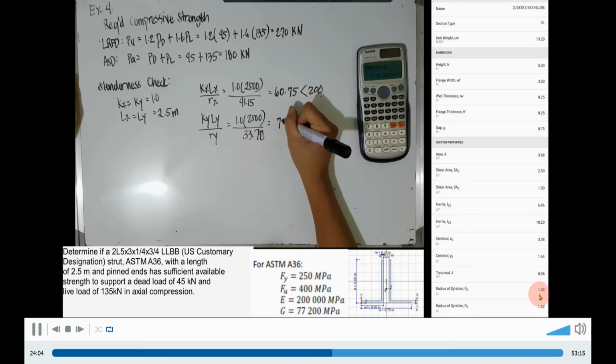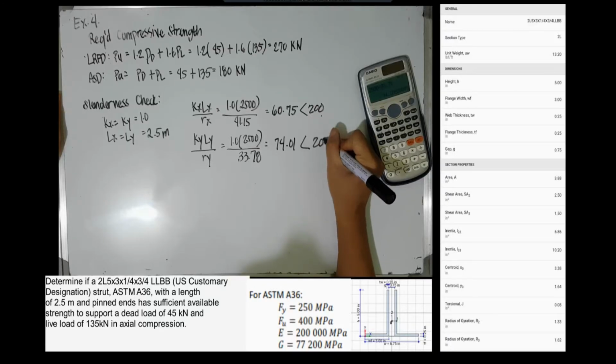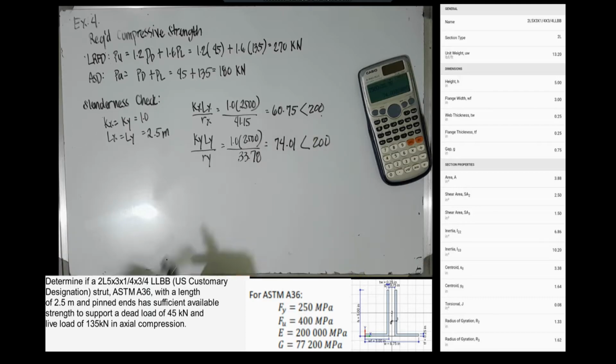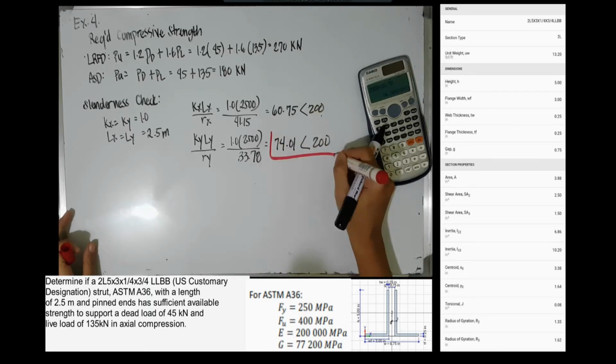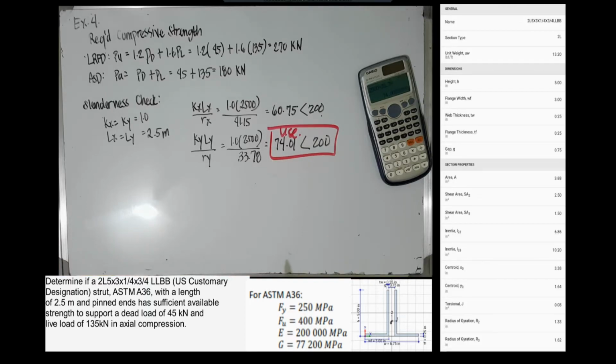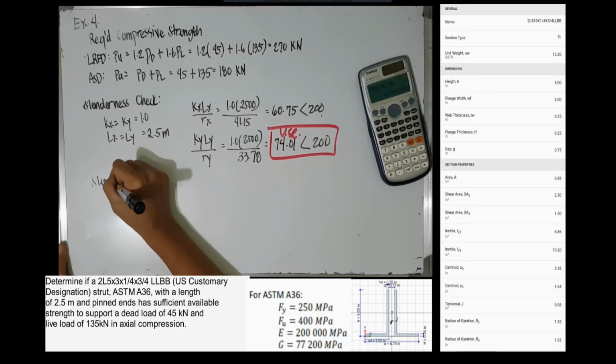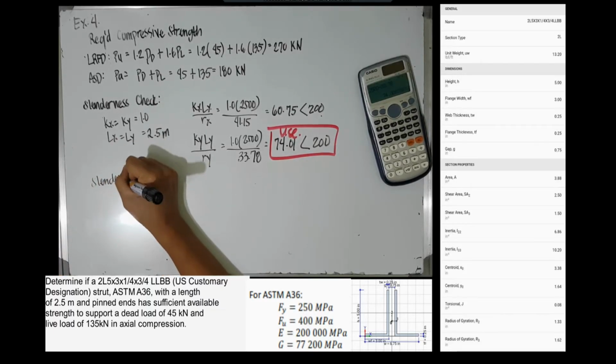So convert nyo na lang yan into millimeters. And in 1 inch, there is approximately 25.4 millimeters. So since 74.01 is larger, we will use this slenderness ratio.